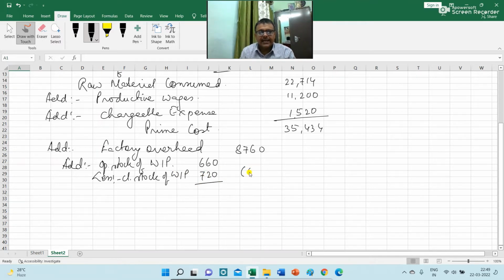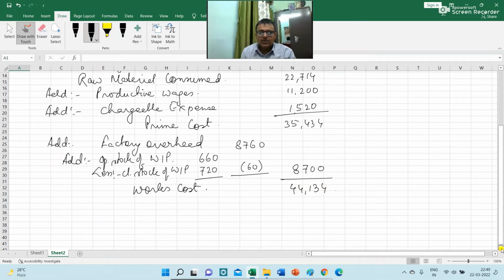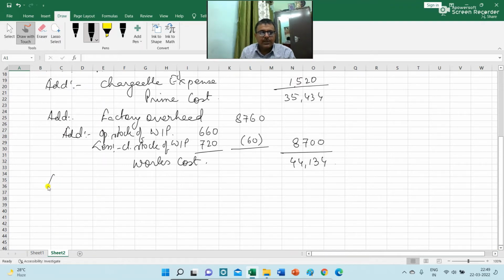So you will get a negative figure of minus 60, and after adjustment with the factory overhead, I will get 8,700. By adding these two figures, we will get the works cost, and works cost is 44,134.